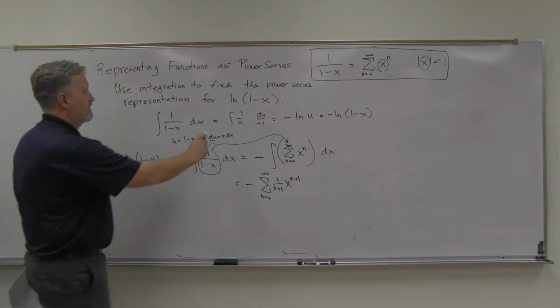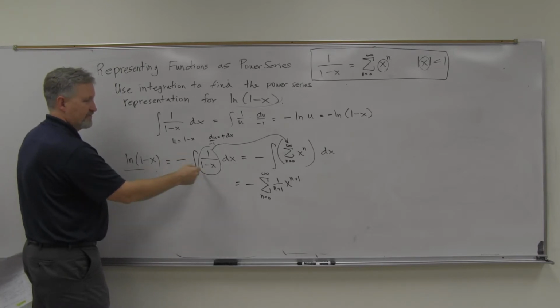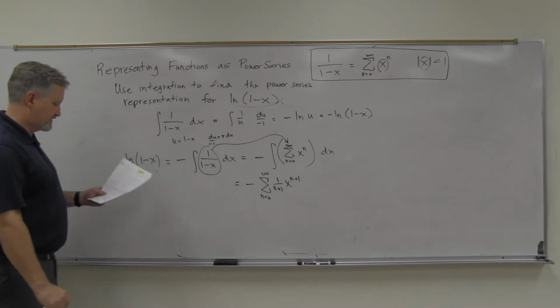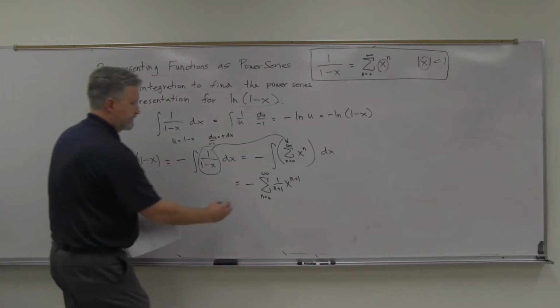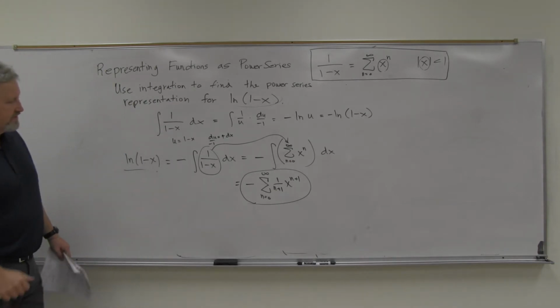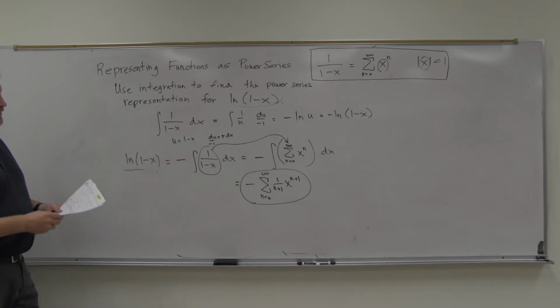So yeah, ln of 1 minus x turned out to be the integral of that, or negative the integral of that. So it becomes this power series. I guess you just bring the negative in there with the 1. There's not a plus c that you have to worry about.